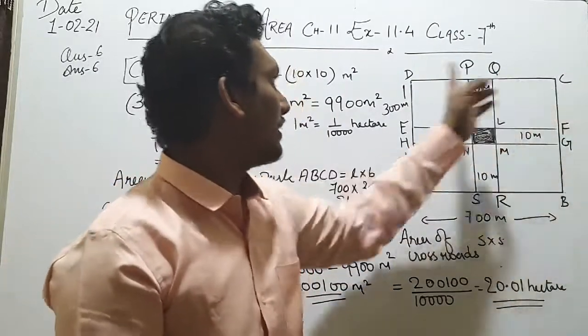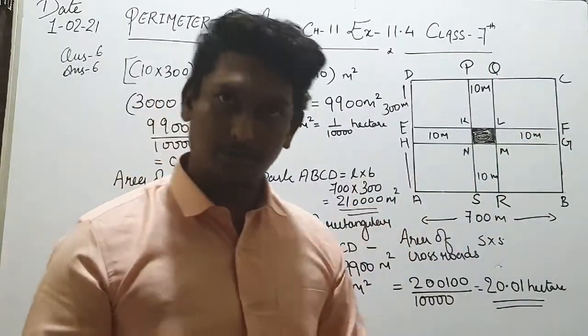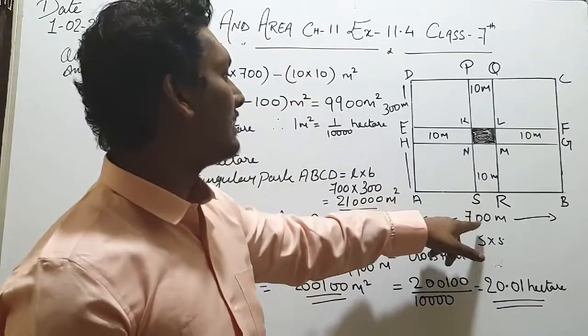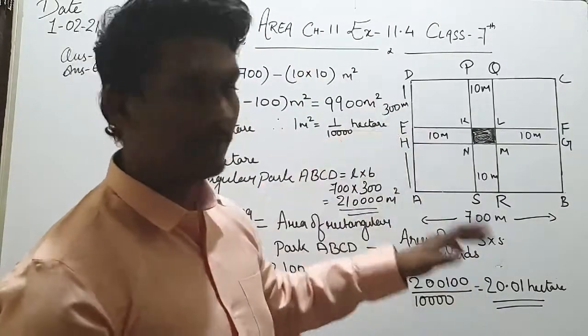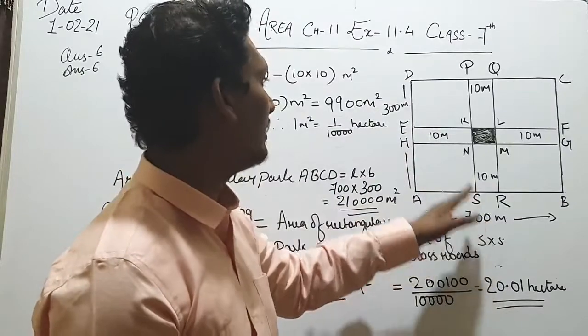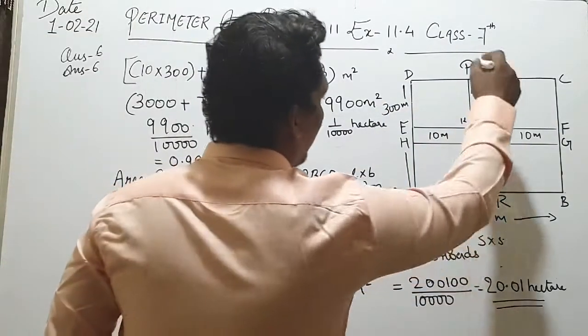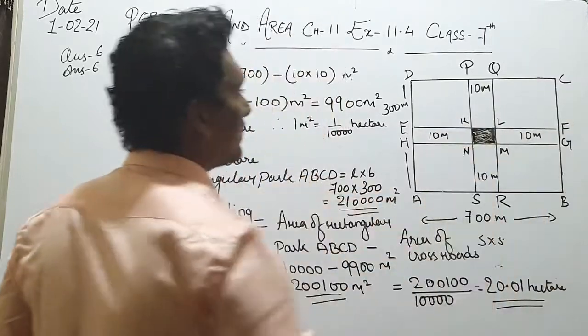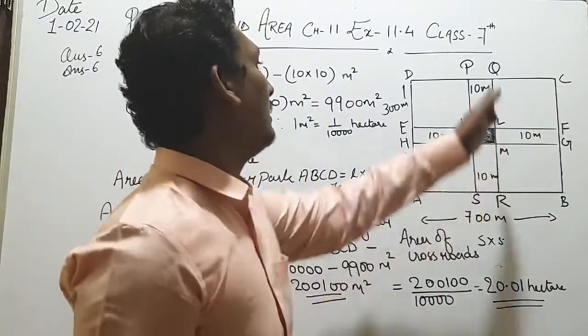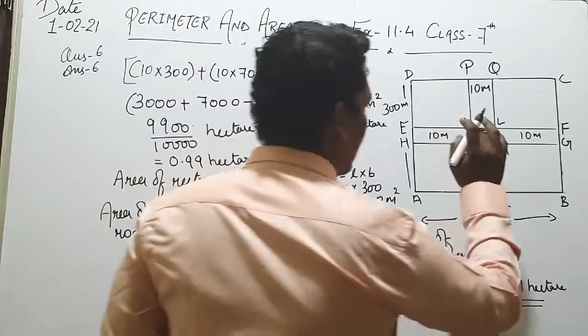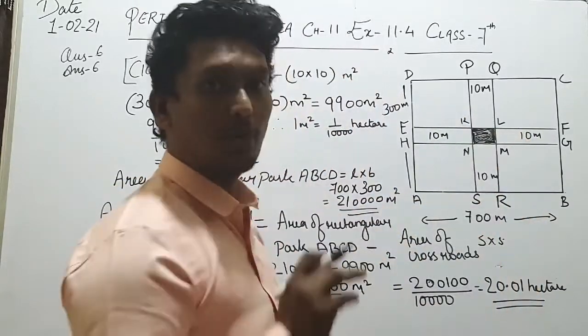Once again I want to tell you about the figure. ABCD is a rectangular park, whose length is 700 and breadth is 300. So first we have to find the area of this, 700 into 300. In the question, this PQRS and EFGH make two crossroads in which this portion makes a square.